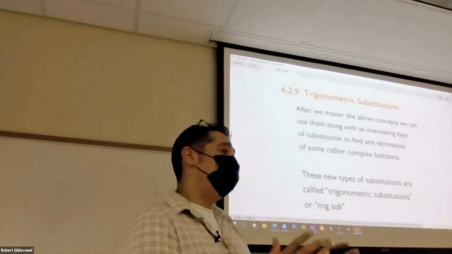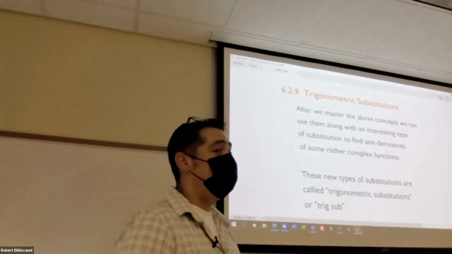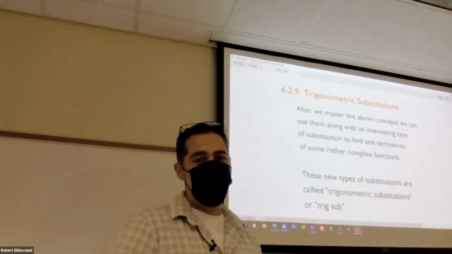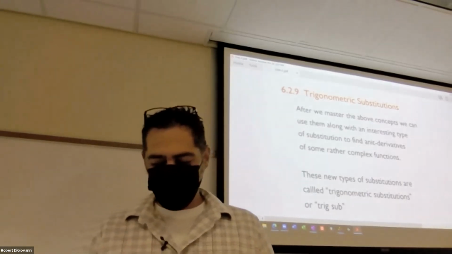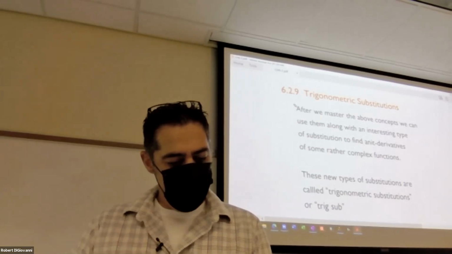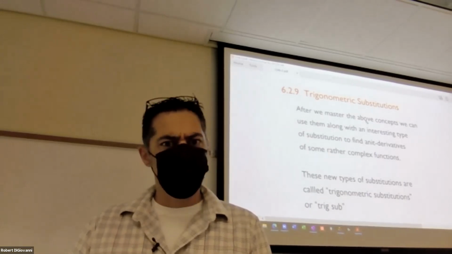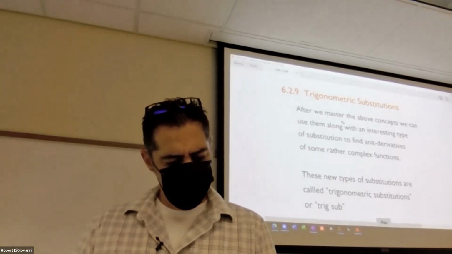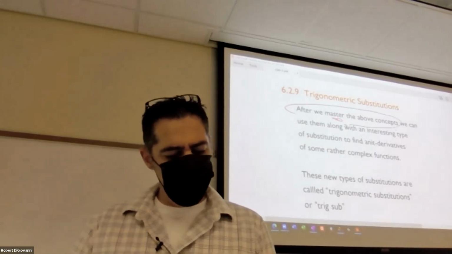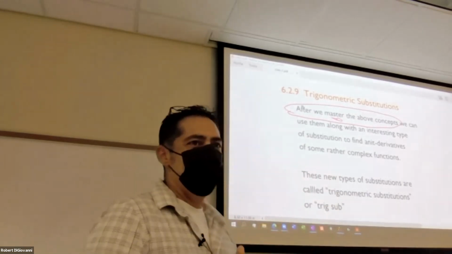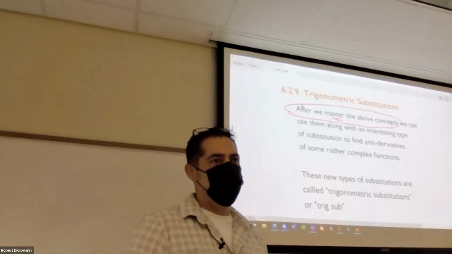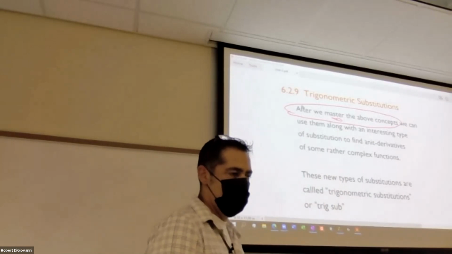And now we get to the second part, which is the harder part, and that is the trigonometric substitutions. After we master the above concepts, that means after we've figured out how to do the trig integrals, then we can now do this, all right?